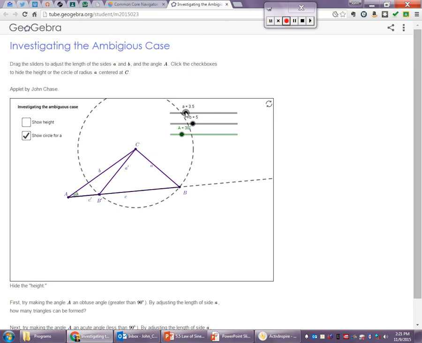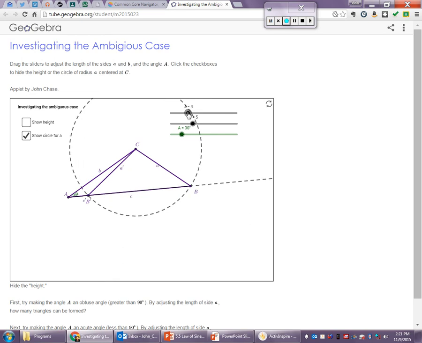What happens as we get bigger here? What's going to happen as I slide that past what critical value? Yeah, the length of B. As A goes longer than B, what happens? I don't want to show you yet.